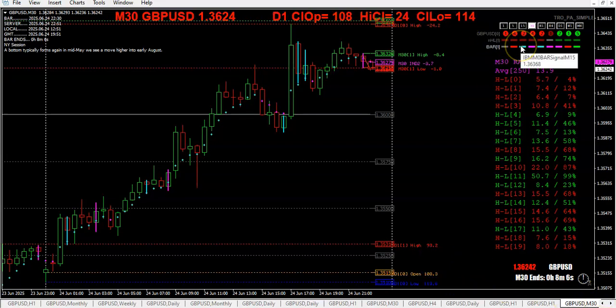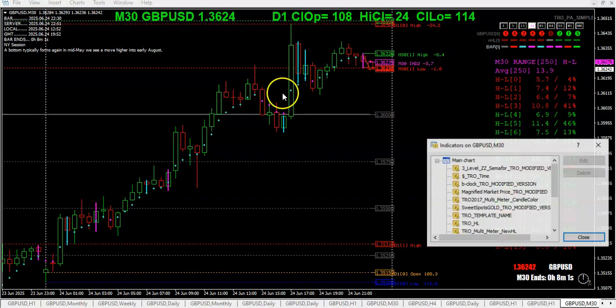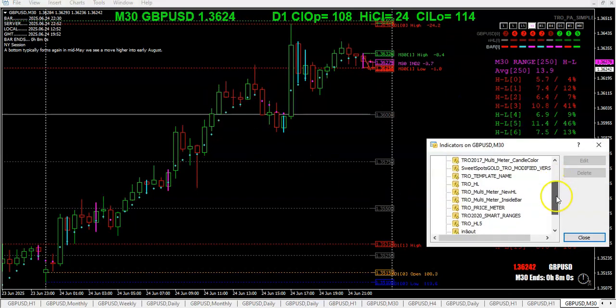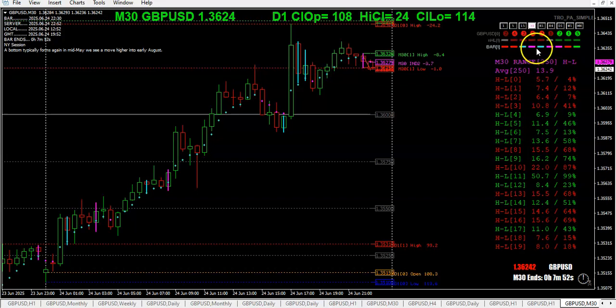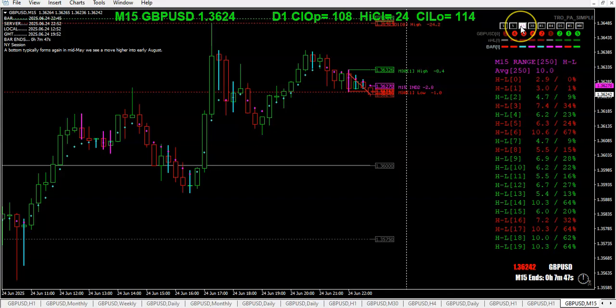We do have a couple, let's see, bar 1. I don't remember what that indicator is. Inside bar indicator. Yeah, okay, so we had an inside bar here, inside bar, a couple of outside bars. Let's take a quick look at that.